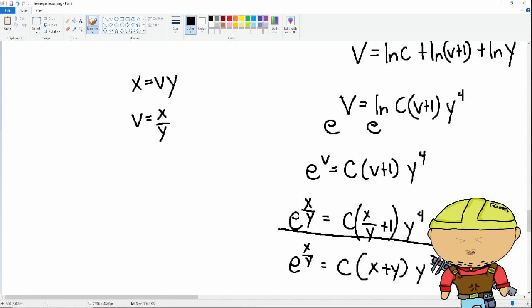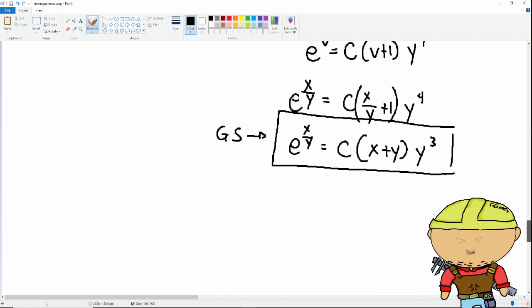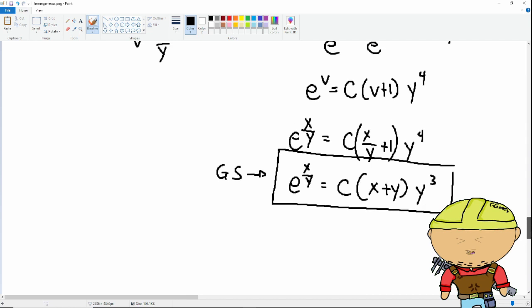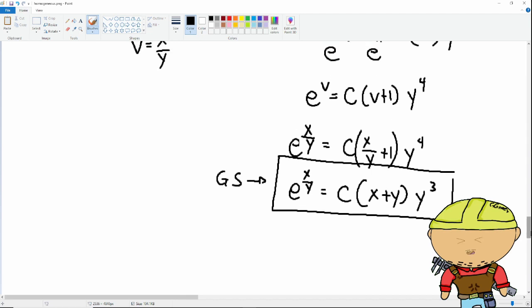Okay, this is now our general solution. It's now our general solution, and I hope you guys learned something from our solving of homogeneous equations.